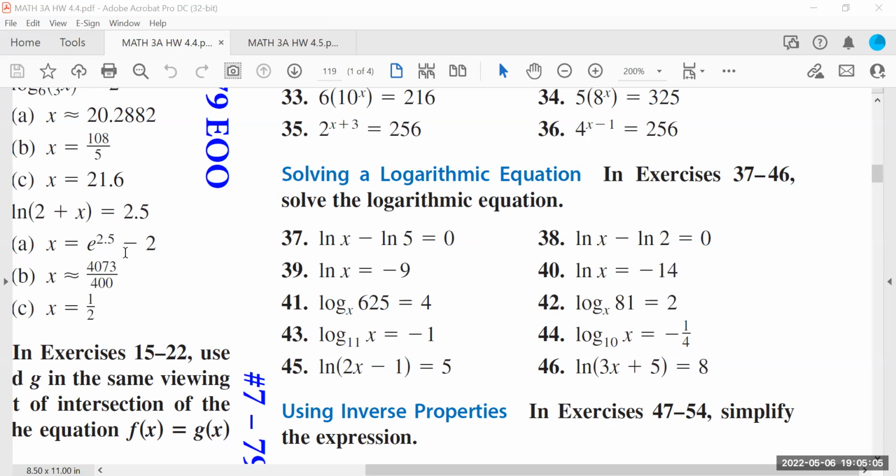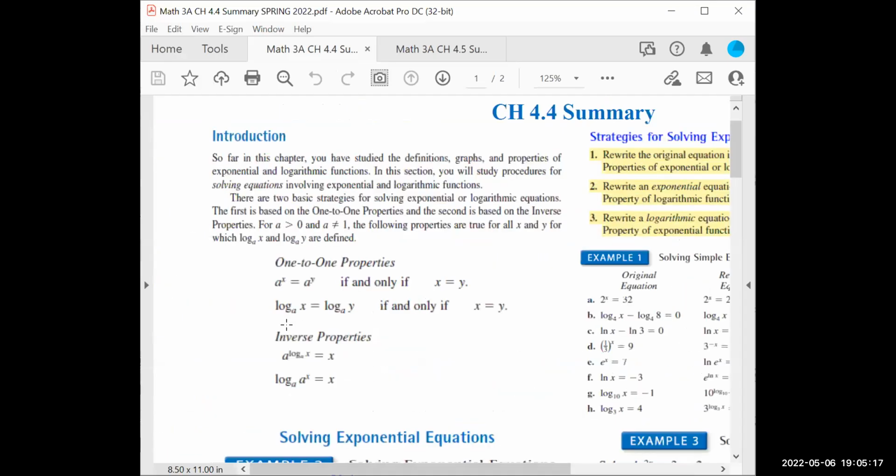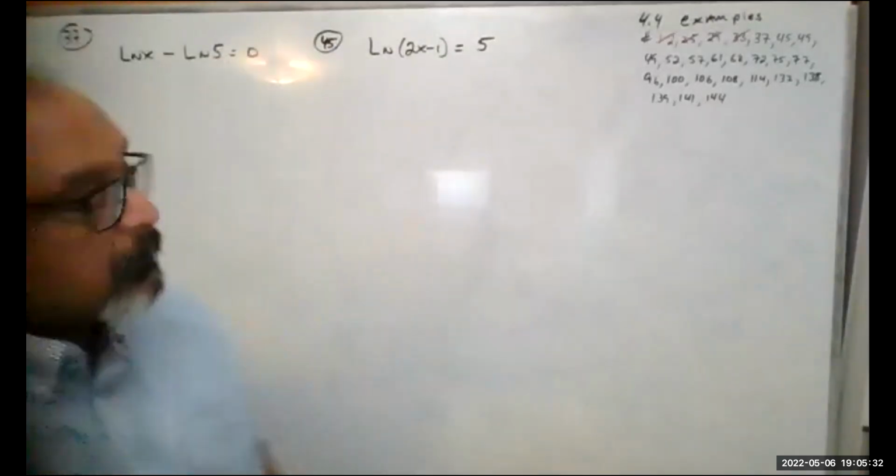So again, one-to-one looks like this. One-to-one is where you have a log on the left equal to the same log on the right, same bases, or inverse properties. Those are our methods. There we go.